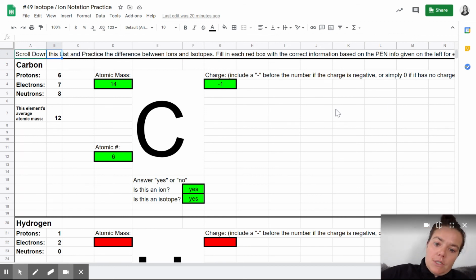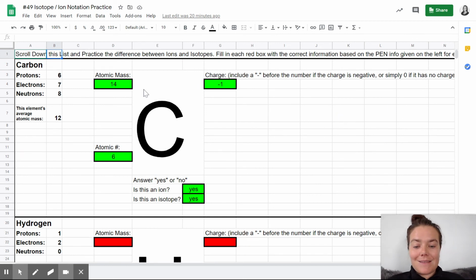Mr. Rychek made this really cool document that is self-checking. If an answer is put in incorrectly or left blank, it will turn red. If the correct answer is put in, it will turn green. So for this atomic mass, we have to look at our protons and our neutrons. That is 14 if I add those together correctly. Again, when I put that in, it turns green.